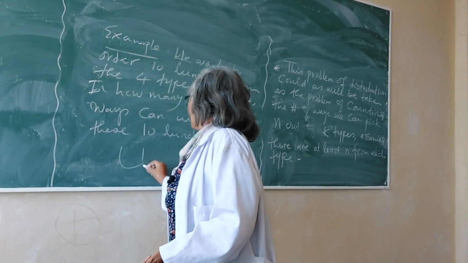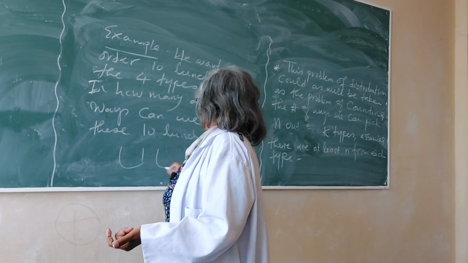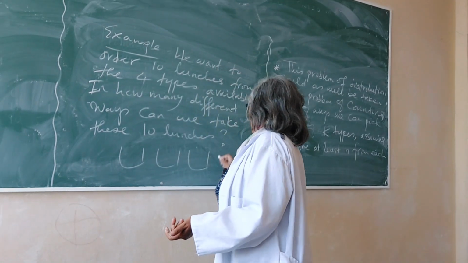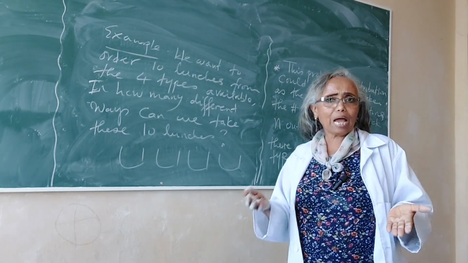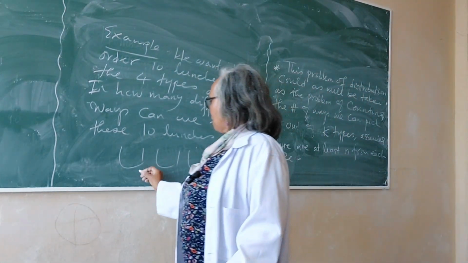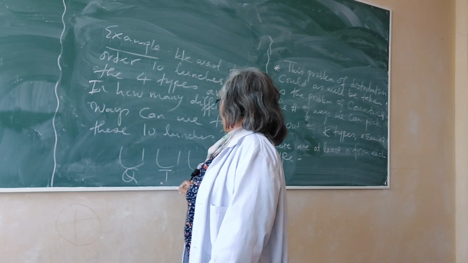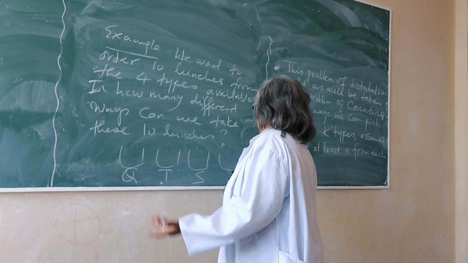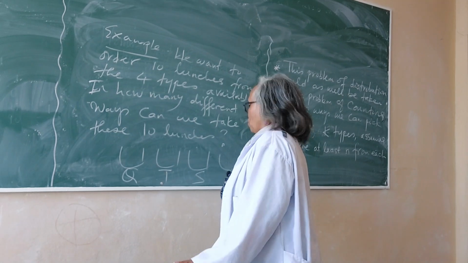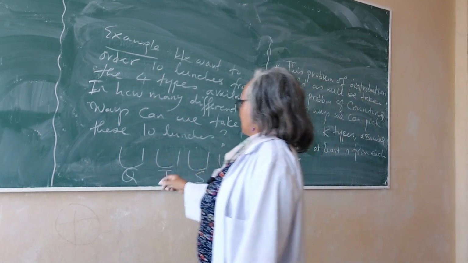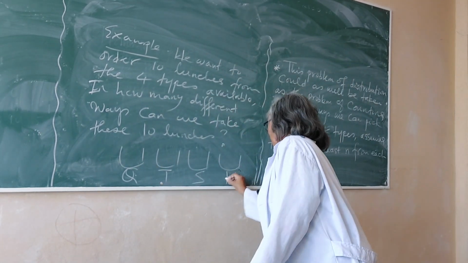I can consider the distribution boxes to represent the types of lunch. I have the ቀይ ወጥ there, the ጥብስ there, the ሽሮ there, and the ክትፎ.